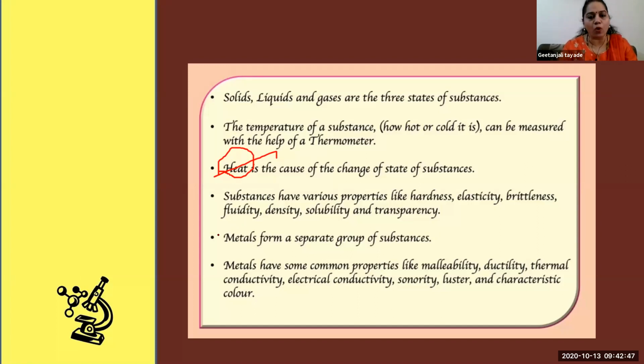Metals have some common properties like malleability, that means converting into sheets, ductility, that means converting into wire, thermal conductivity, means conducting heat energy, electrical conductivity, means conducting electrical energy, sonority, means producing a ringing sound, luster, means they have their own shine, and a characteristic color, means they have their unique color, like golden yellow, silver, whitish silver, grayish silver, grayish white, or copper color, which we derive from copper only. So these are the special characteristics of these substances.